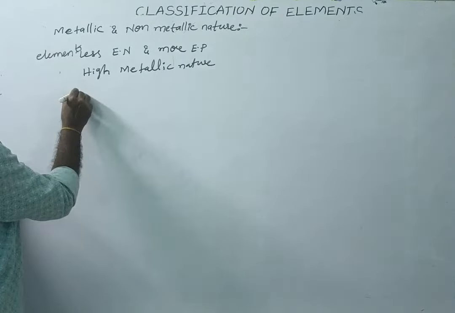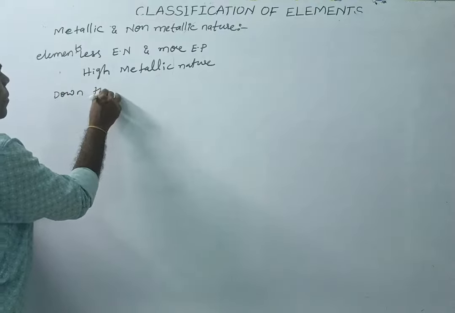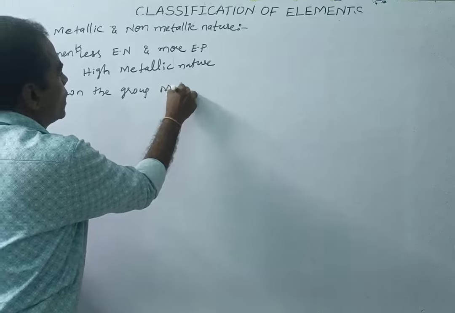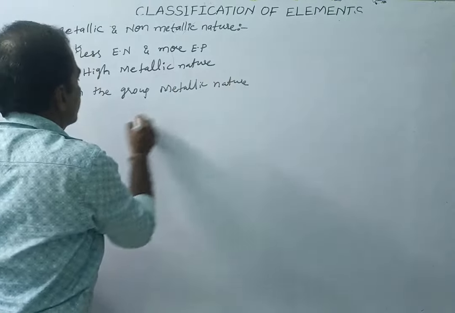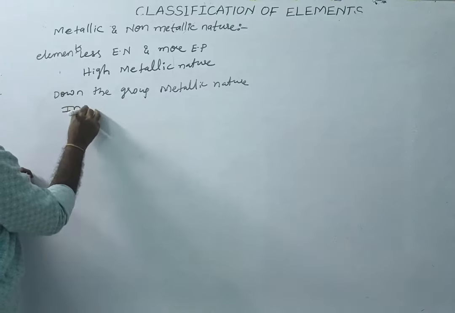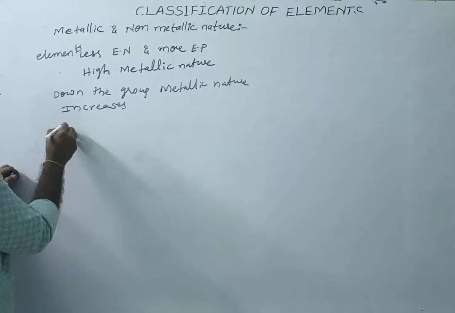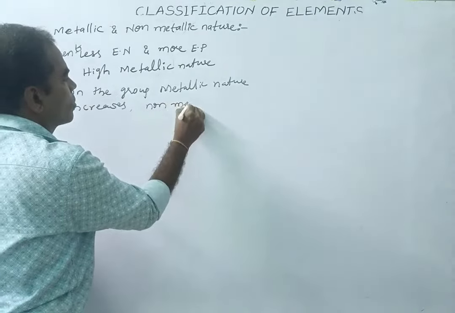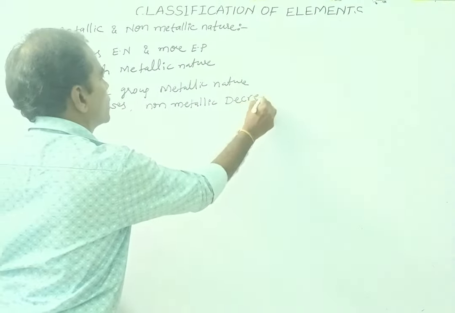Down the group, metallic nature increases and non-metallic nature decreases.